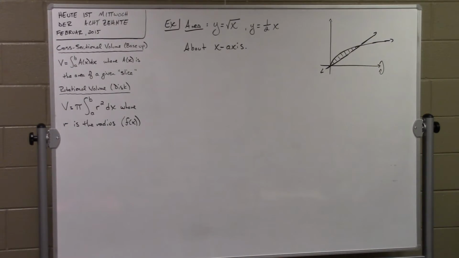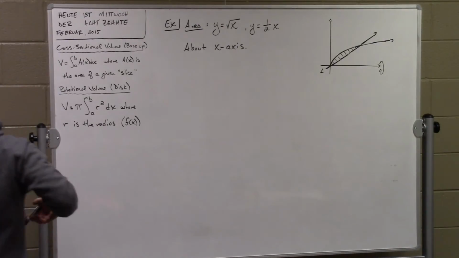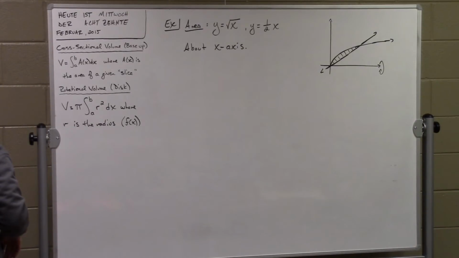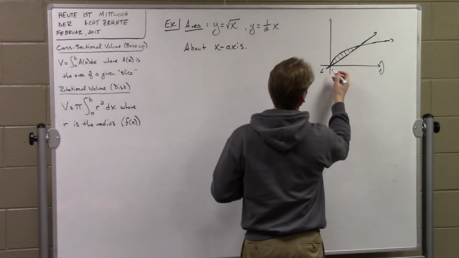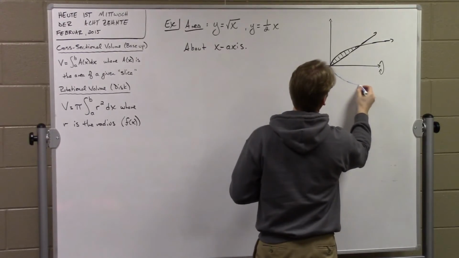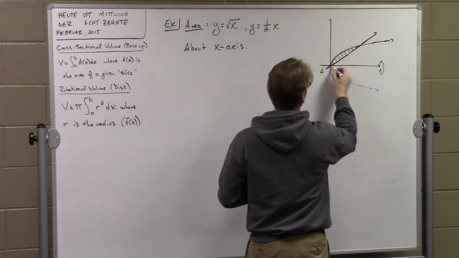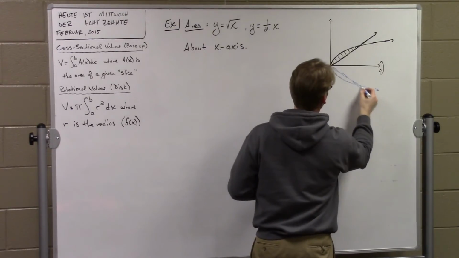All right. Here's the reason that it's called washer. If you think about what the shape is going to look like when I spin this. So we'll have this on the bottom, like that. The line will kind of come through like that. Close enough.